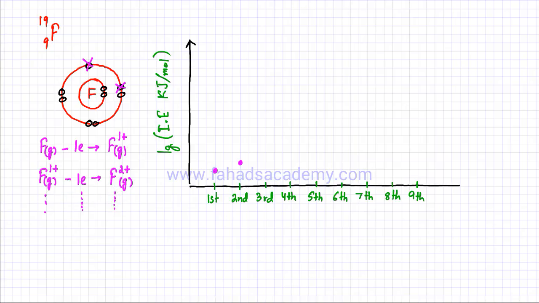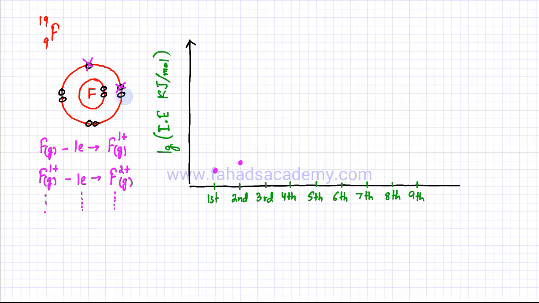The second ionization energy is going to be slightly higher, because once I remove the first electron, there's going to be a +1 charge on the fluorine atom, so it's going to become an ion. So I'm going to remove an electron from an ion, so it's going to become slightly more difficult. The shielding remains the same, the distance remains exactly the same, the nuclear charge remains the same, so all the other factors are constant.